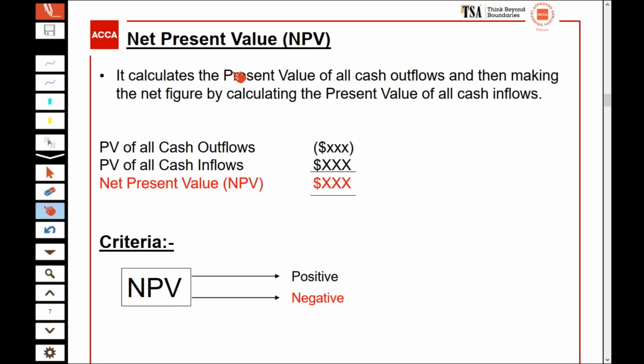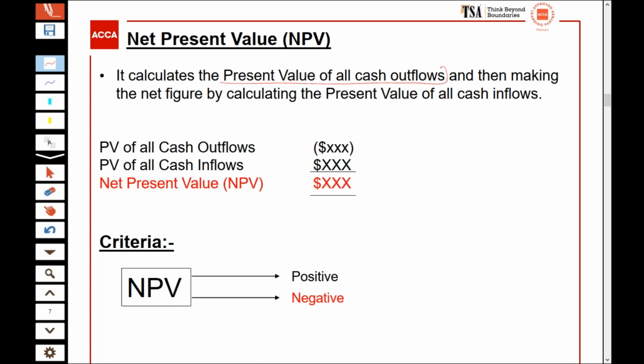It calculates the present value of all cash outflows.